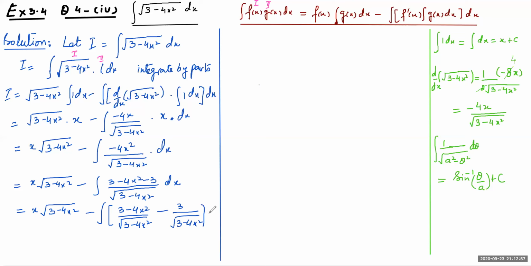I'm going to write it as square root of 3 square. What about this minus 4x square? I'm writing it as minus 2x whole square.